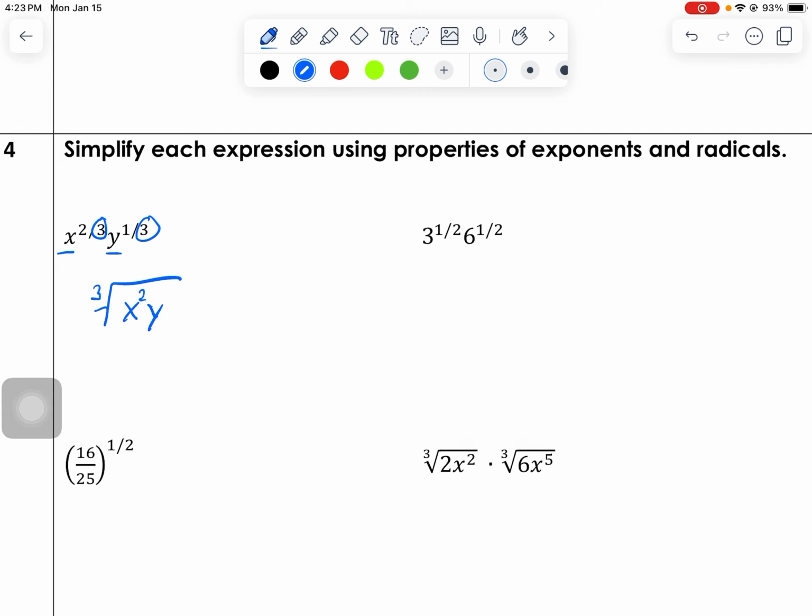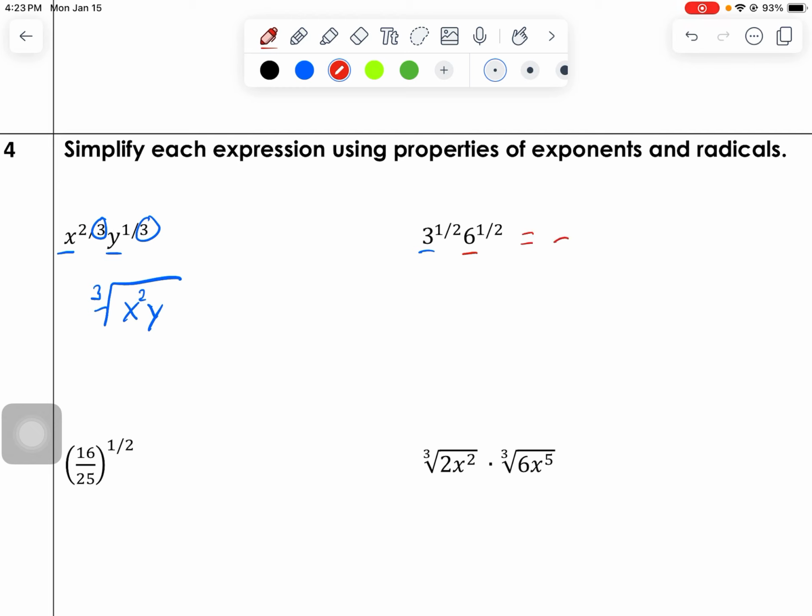So this is one option that you could write that as. This one here, again, it's really tricky because it's 3 to the 1/2, 6 to the 1/2. If the bases are different, because this one's 3 and this one's 6, you can't just add the exponents or multiply them. They have to have the same base in order to use the exponent rules.